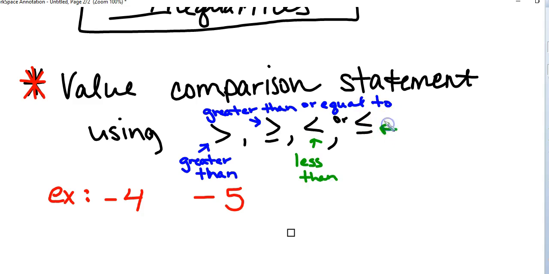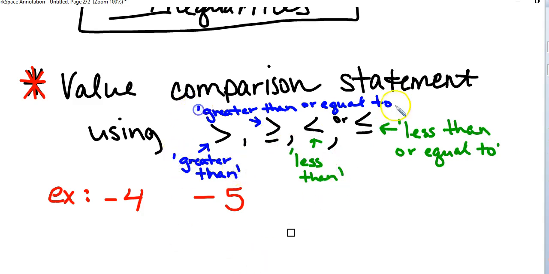And last but not least, again, it looks similar to that previous one. This is the less than or equal to symbol. So when we read these, this is how we read these symbols. Okay, all right.